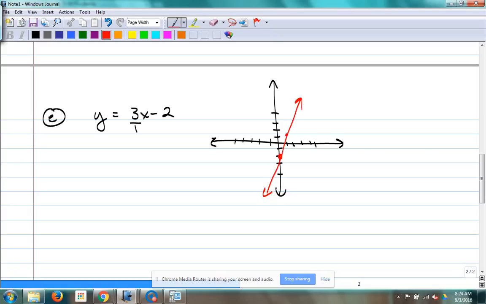Okay, and when I look at that line, that line represents all the ordered pairs that come from that equation. And one of the tests that you've heard of before to decide if something is a function or not when you got a graph. Does anybody remember what that is? Three words. And then the last word is test.